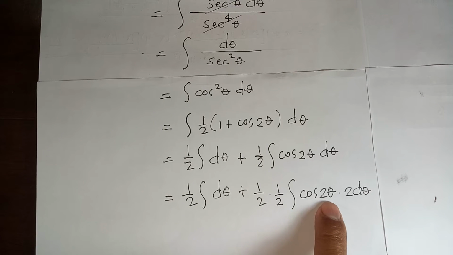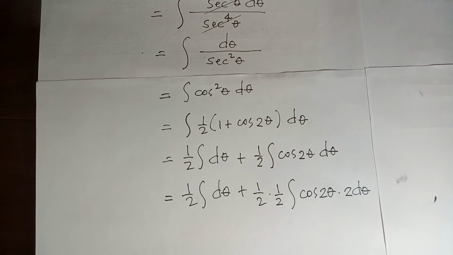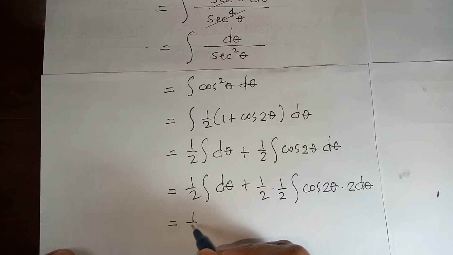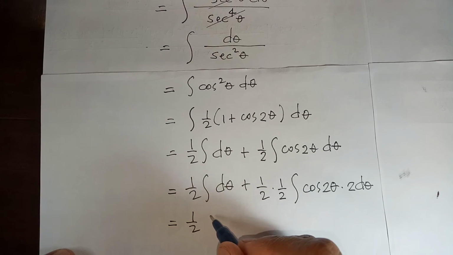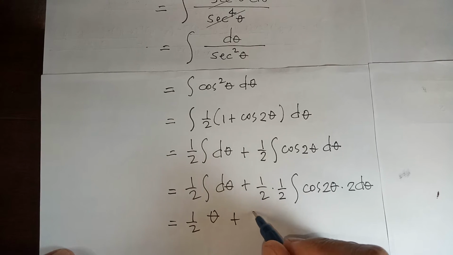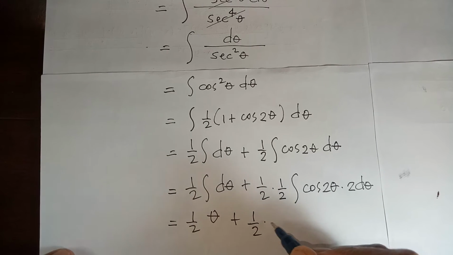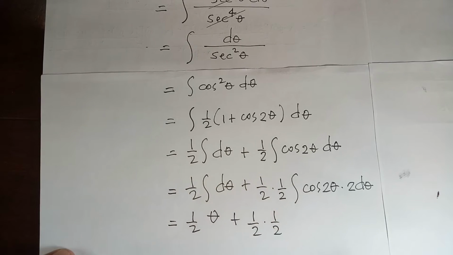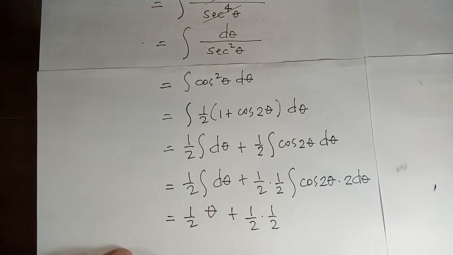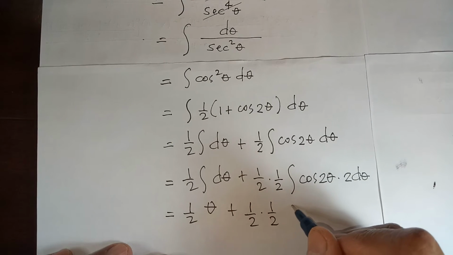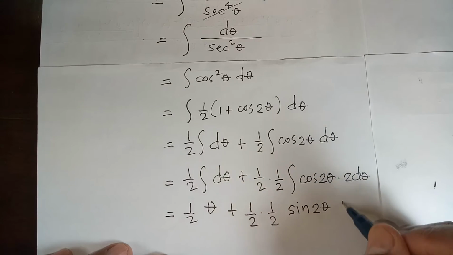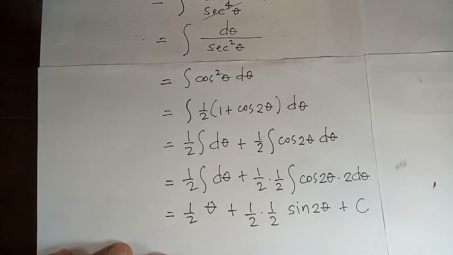Integral of cosine u du. So magkakaroon tayo ng sagot na 1/2 integral of d theta equals theta, and then plus 1/2 times 1/2 integral of cosine 2 theta, 2 d theta equals sine 2 theta, plus c.